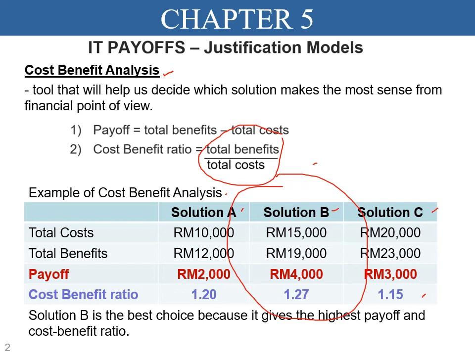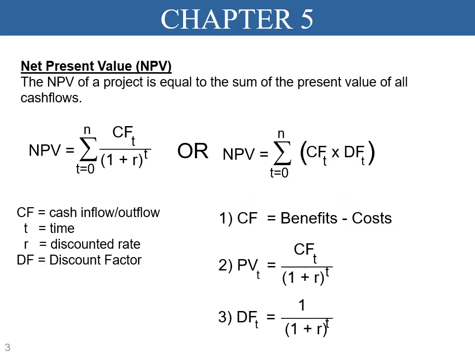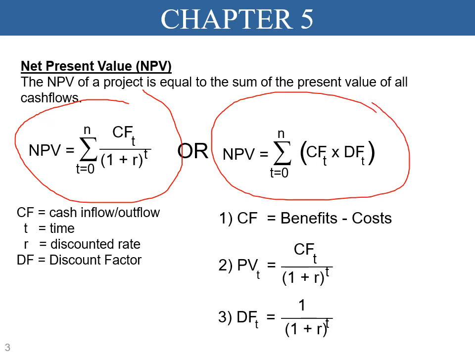Next slide, I will brief you on the net present value, which is more complicated than the calculation for cost-benefit analysis. Net present value, NPV. The NPV of a project is equal to the sum of the present value of all cash flows. See, these two formulas are used for calculating NPV.